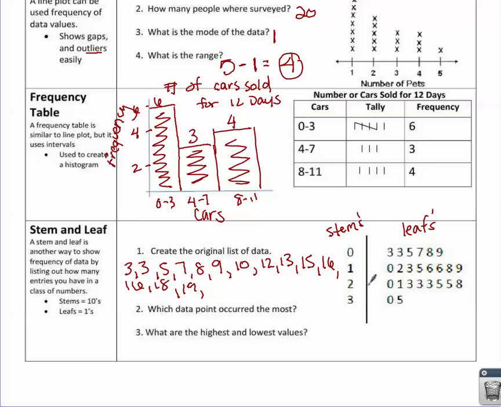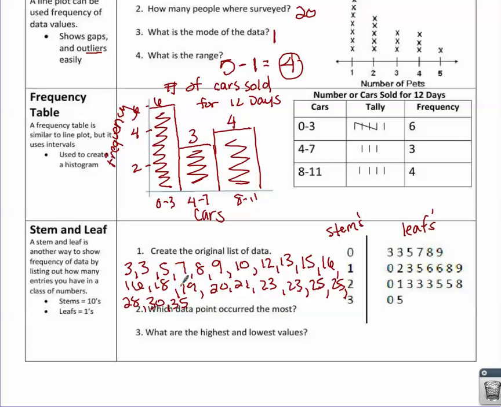Now you have your 20s. So 20, 21, 23, 23, and so on and so forth. Go ahead and finish writing your data. So now you can look and see which data point occurred the most.